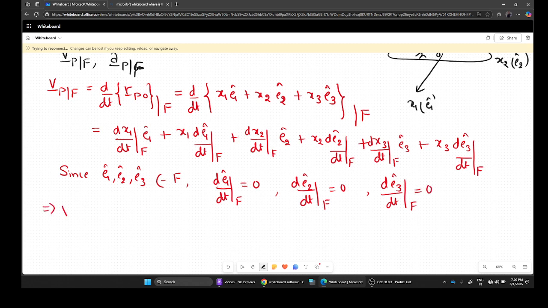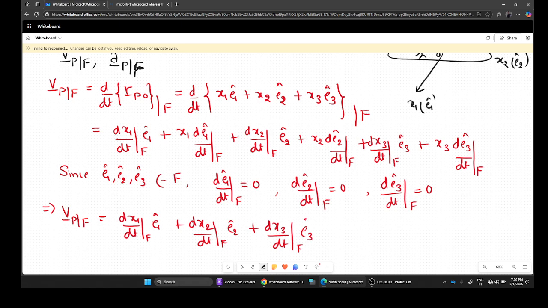This implies that VPF will have simply 3 terms, which are these.